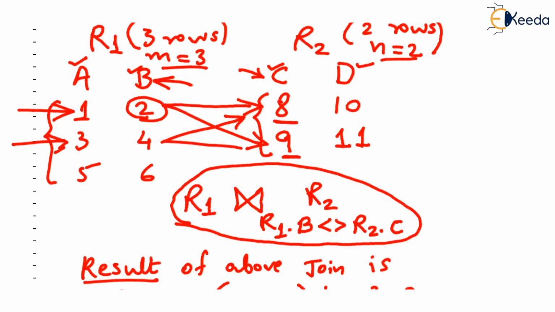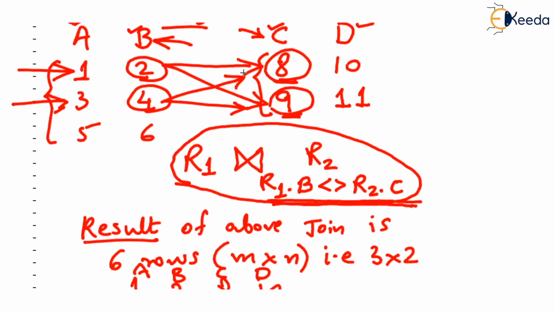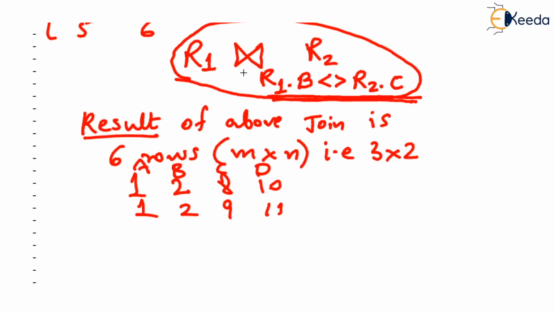But then we are running a condition. The condition is B should not be equal to C. Only then those rows will be shown. And obviously 4 here is not equal to 8, and 4 is not equal to 9, B is not equal to C. So 3, 4 will be shown as follows: 3, 4, 8, 10, and 3, 4, 9, 11.